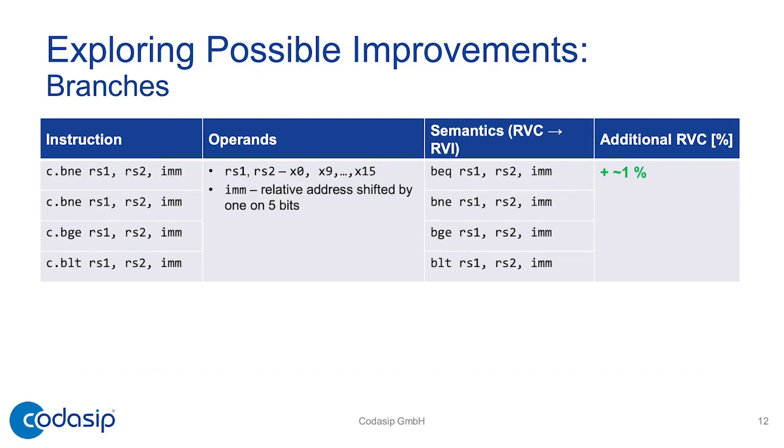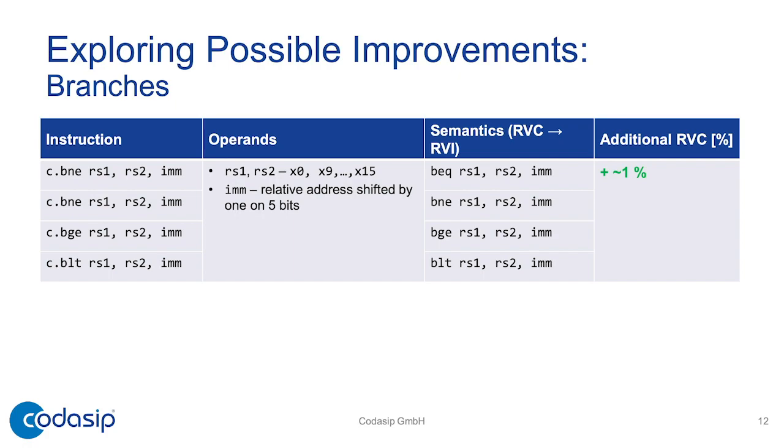Another possible improvement is in the branches. So we came up with C branches, not only the 2 that are available in the C extension already, but we came up with 4 other ones. Basically, what you saw in the previous slide is just a recapitulation.